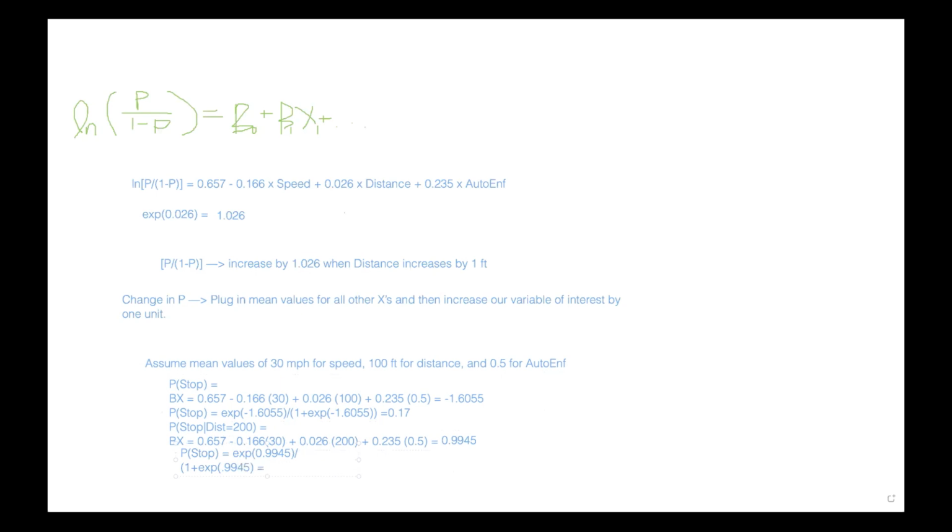In our case, that would be equal to 0.73. That demonstrates there's a very pronounced impact as we increase that distance by 100 feet. Our probability of stopping goes from 0.17 to 0.73.